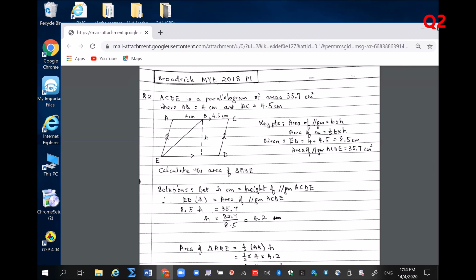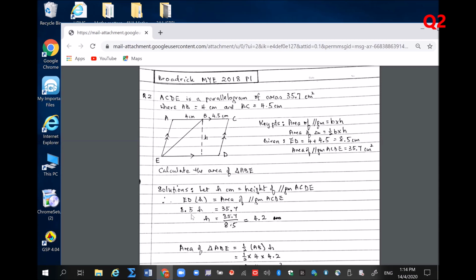So let H be the height of parallelogram ACDE. H is also the height of the small triangle ABE. ED times H is area of parallelogram ACDE.